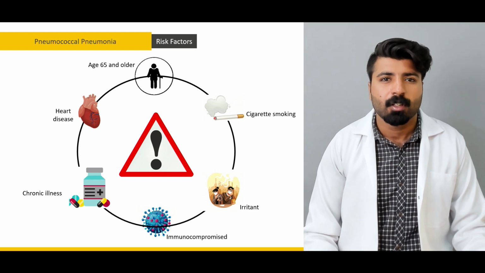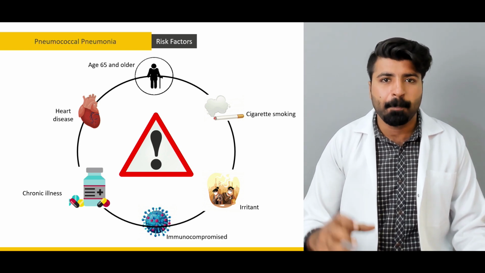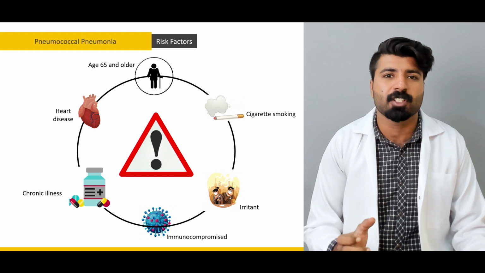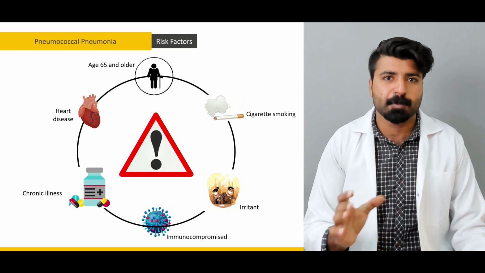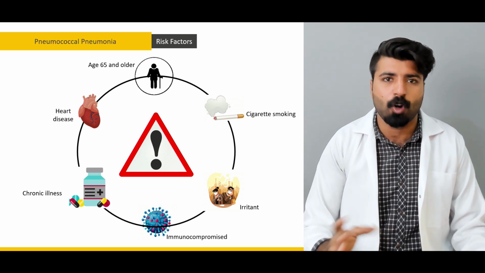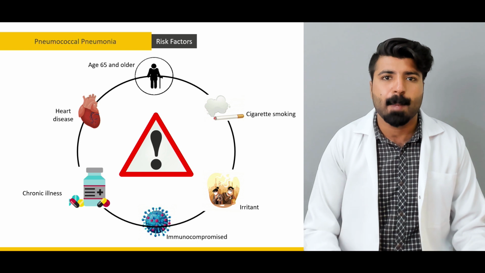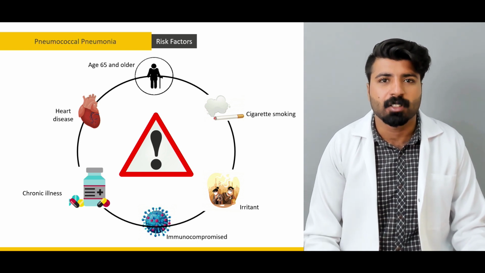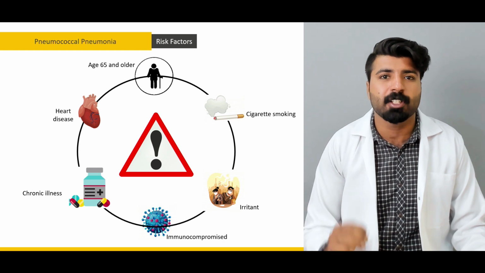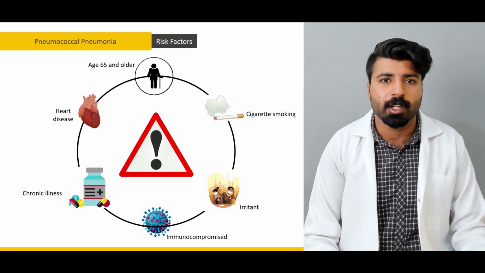What does the spleen do? The spleen picks up all the capsular structures and destroys them. But if there is no spleen, or even if the spleen is present and the function is not optimum, those capsular structures won't be picked up. So what will they do? They'll cause an infection. So asplenia is the major risk factor in pneumococcal pneumonia.